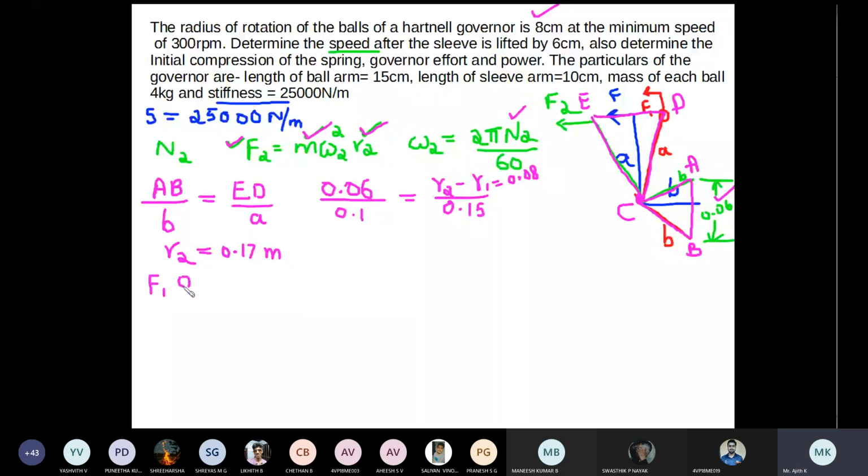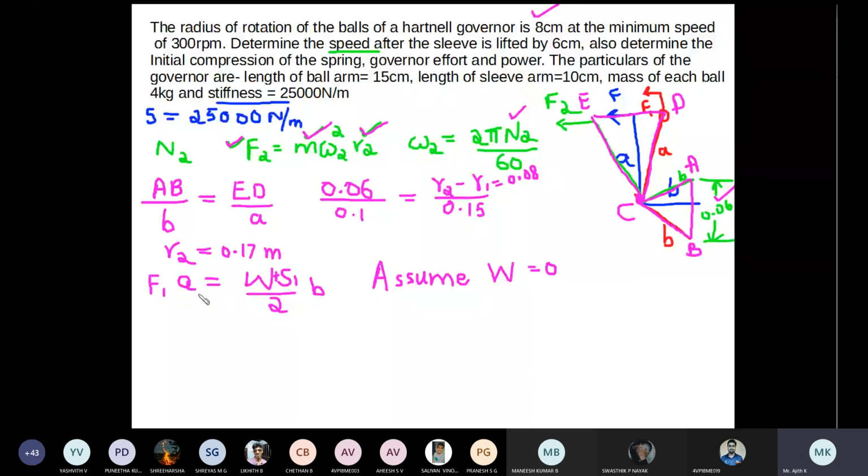F1 into A is equal to W plus S1 divided by 2 into B. Weight of sleeve is not given in the question, so you can assume capital letter W as 0, or else you can neglect the weight of the sleeve.